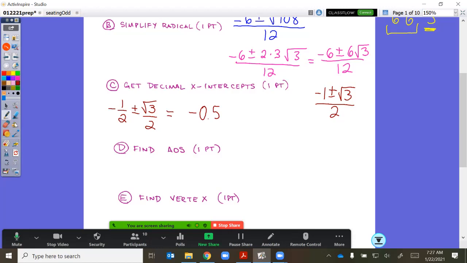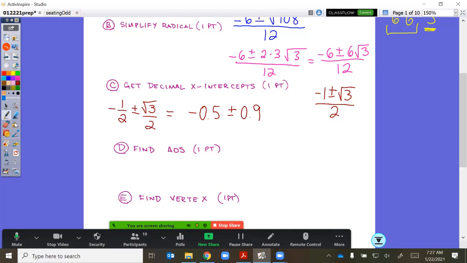And that gives me 1.73. And then I say divide by 2. And that gives me 0.866. And I'm just going to say plus or minus 0.9, because I don't want to say 0.86. If you want to be real accurate, you can, but I'm okay with just the tenths place, 0.9.